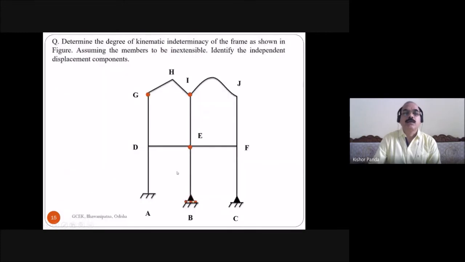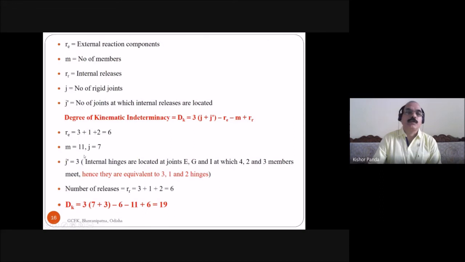Then count how many members are in this frame. 1, 2, 3, then 4, 5, 6, 7, 8, then 9, 10, 11. The total number of members is equal to 11.